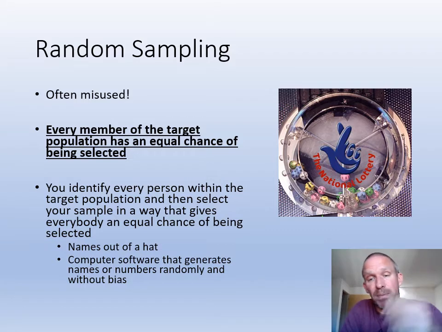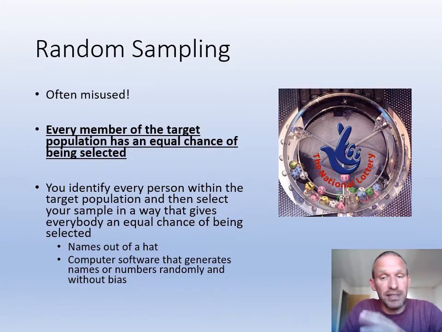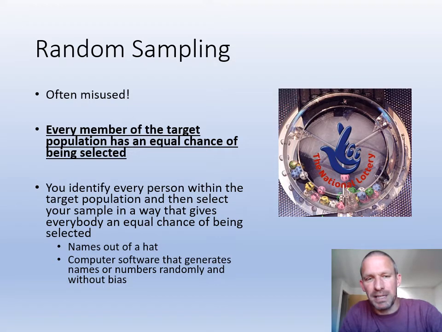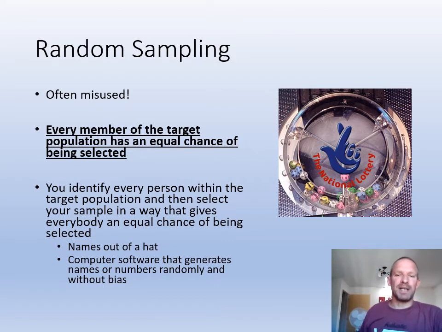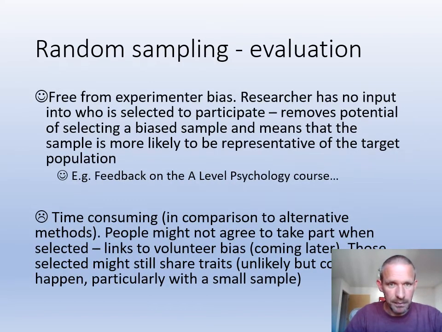You could allocate a number to each person and then use a random number generator to select them that way. Select the first one and then again for the second one and so on. But the bit that's in bold, underlined, get that in your head. Random sample, every member of the target population has an equal chance of being selected. If you can't see that, chances are you're not looking at a random sample.